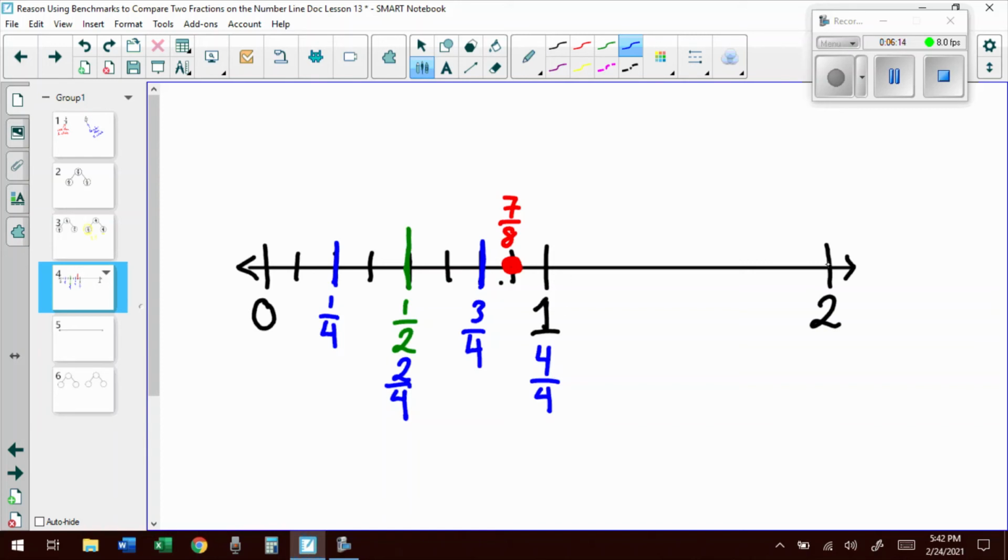Now for this whole right here, I need to partition it into fourths. Go ahead and partition it in half, and then in fourths. So I have 1/4 right here, 2 fourths, or 1/2 right there, and 3 fourths right here, and another 4 fourths.